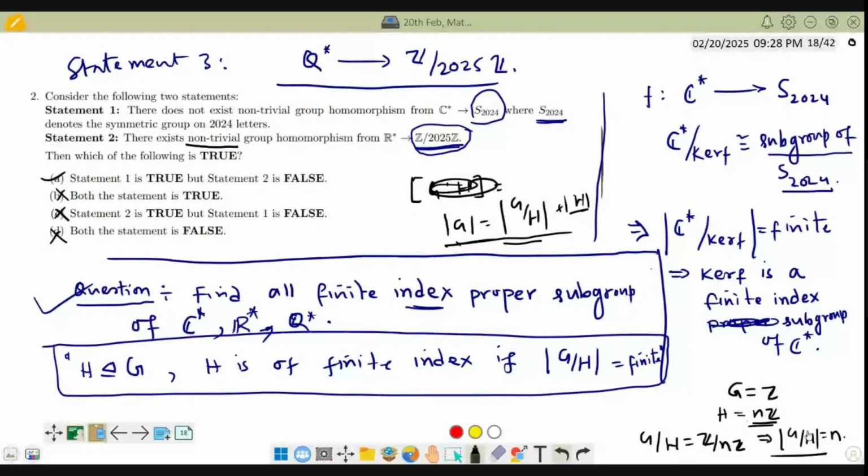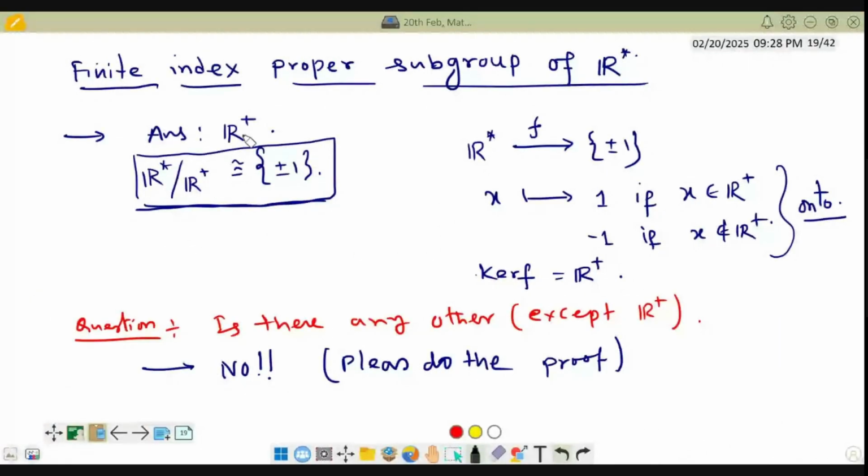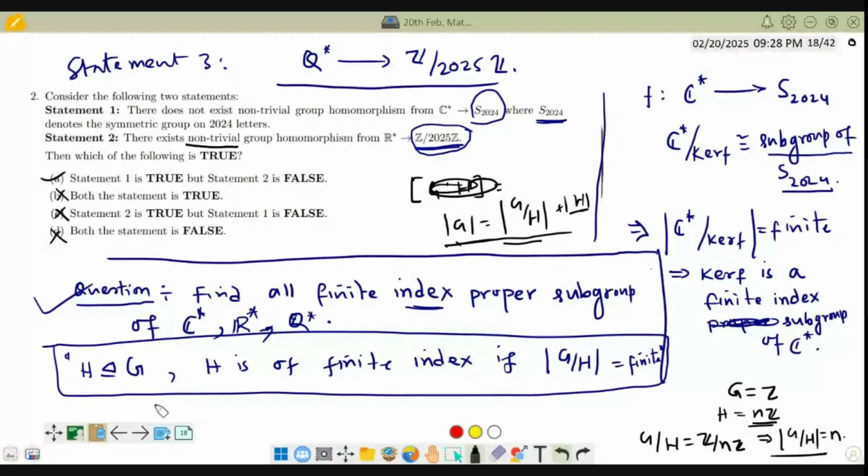But in our discussion neither of them is finite. For example, for R star, they are not finite. Here you have this subgroup H and this J, so G and H both are infinite, so we can't use that formula. That formula is applicable only if all those quantities are finite.